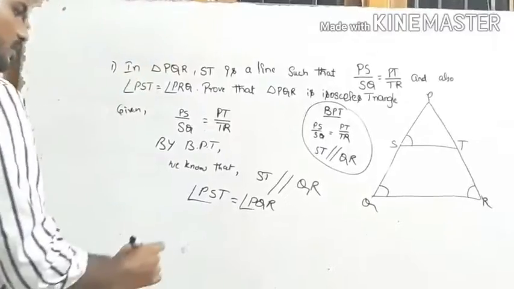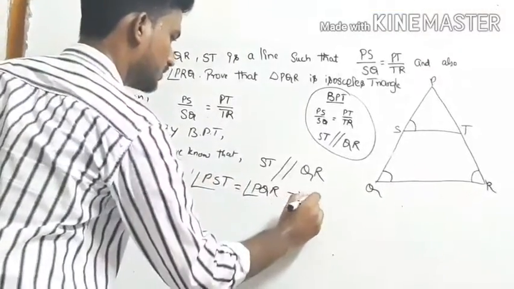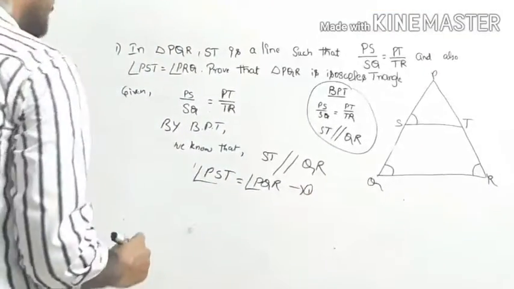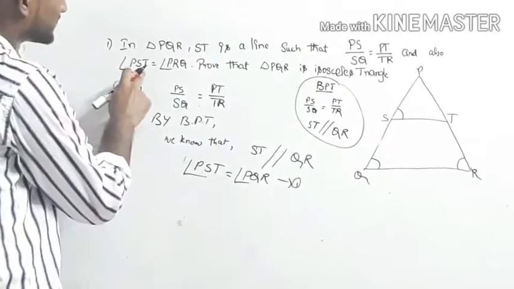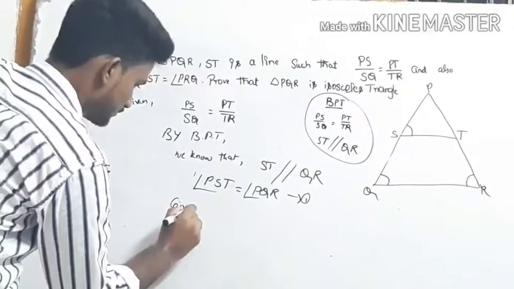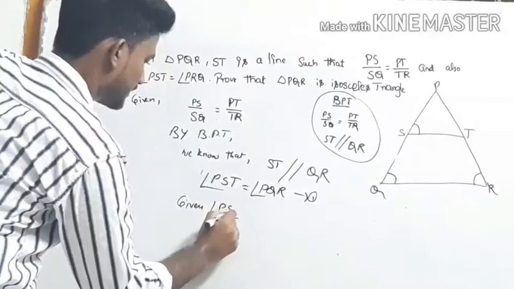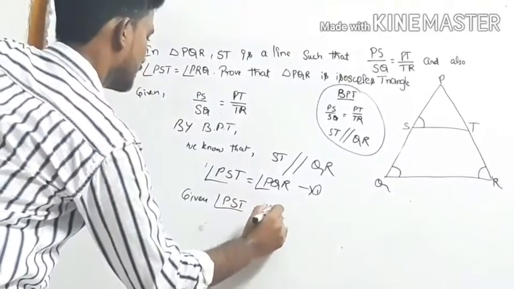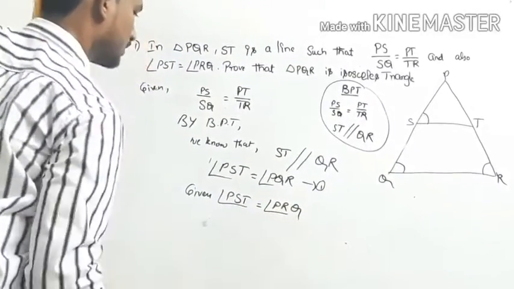PST equals PQR is the first equation. From the given, angle PST equals PRQ. This is the second equation.